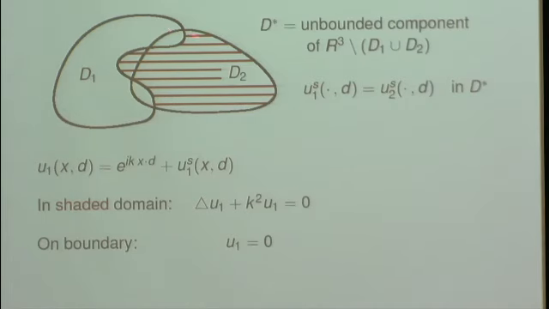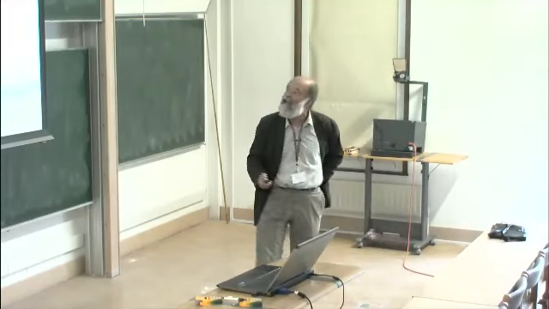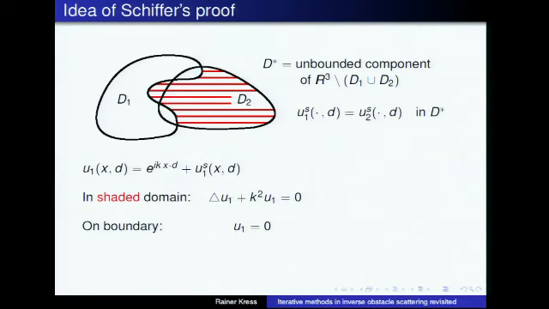So we know U2 vanishes on here, but on here we have U1 is equal to U2, and therefore in this shaded domain on all of the boundary we have U1 is equal to 0. That means U1 is an eigenfunction of the eigenvalue minus k squared of the Laplacian with Dirichlet boundary condition.